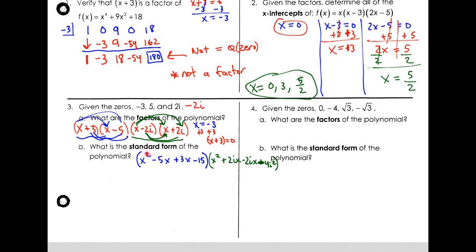There's no other term that's squared, so that is going to come out by itself. So that's x squared. A negative 5x and a 3x comes out as a negative 2x. And then you bring out your negative 15.